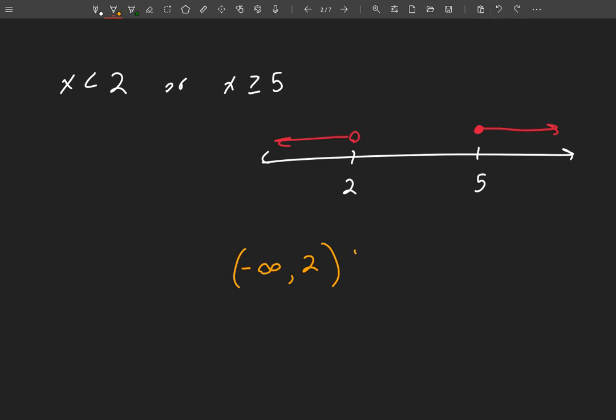It's its own symbol, not actually a U, however convenient it is that it starts with U. And now, that's a bracket, 5, infinity, not included. And that's how you would write that with interval notation.